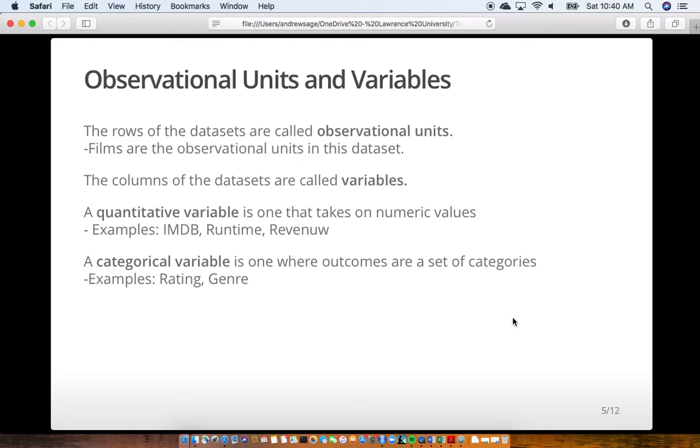The movie's MPAA rating and genre are examples of categorical variables since they take on outcomes like G, PG, PG-13, R, or not rated in the case of the MPAA rating, or things like action, comedy, drama for the genre of the film.